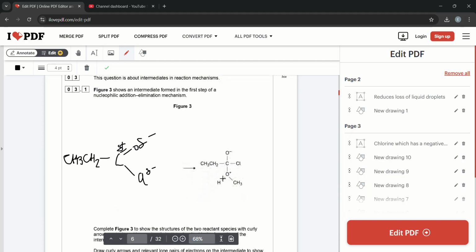And now you've got the oxygen, two lone pairs of electrons, with the lone pair of electrons, H, CH3.